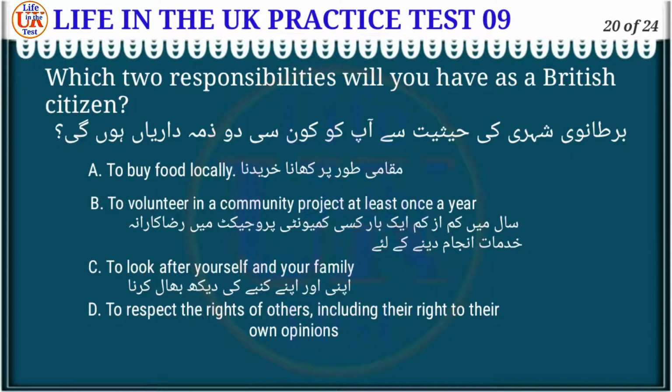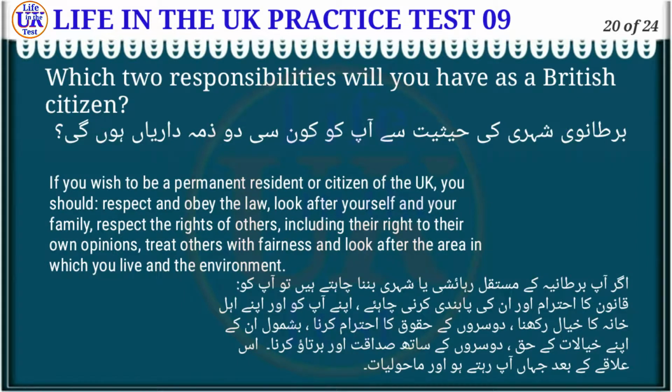The correct answers are C. To look after yourself and your family, and D. To respect the rights of others, including their right to their own opinions. If you wish to be a permanent resident or citizen of the UK, you should respect and obey the law, look after yourself and your family, respect the rights of others, including their right to their own opinions, treat others with fairness and look after the area in which you live and the environment.